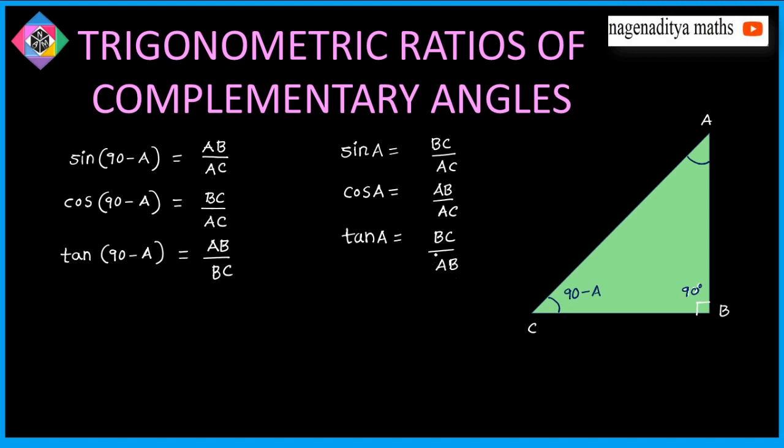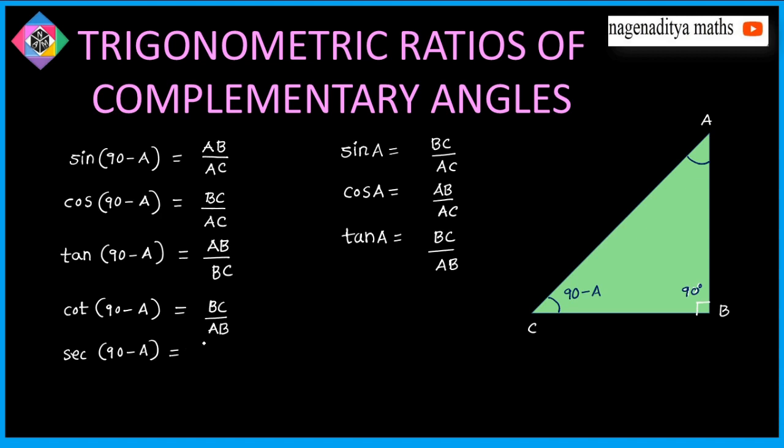Okay. Now I am going to find the remaining ratios also. So that is cot of 90 minus A. We know that cot of 90 minus A is adjacent side by opposite side. What is the adjacent side? That is BC, by opposite side AB. Okay. And what about secant of 90 minus A?